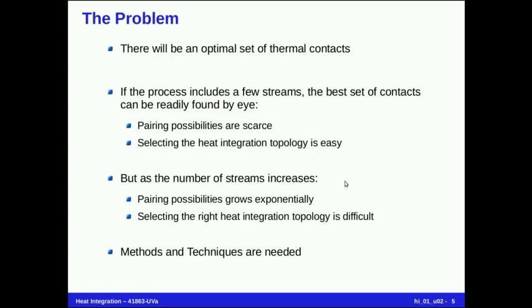But as the number of streams increases, the pairing possibilities grow exponentially, and selecting the right topology for heat integration is difficult. Then we need methods and techniques. And in the way of solving this problem, we will learn a lot about energy and energy flows in plants.